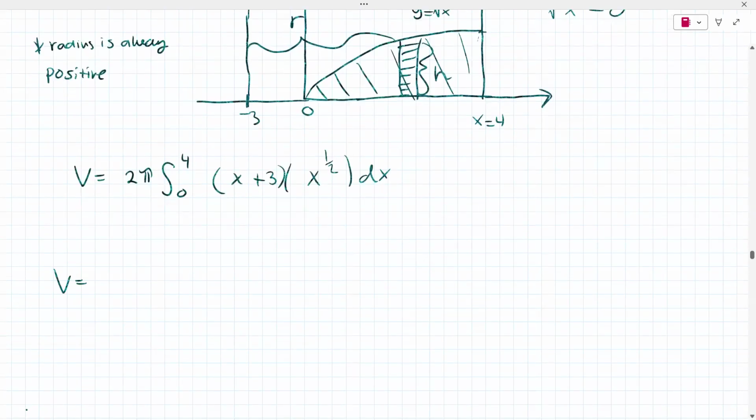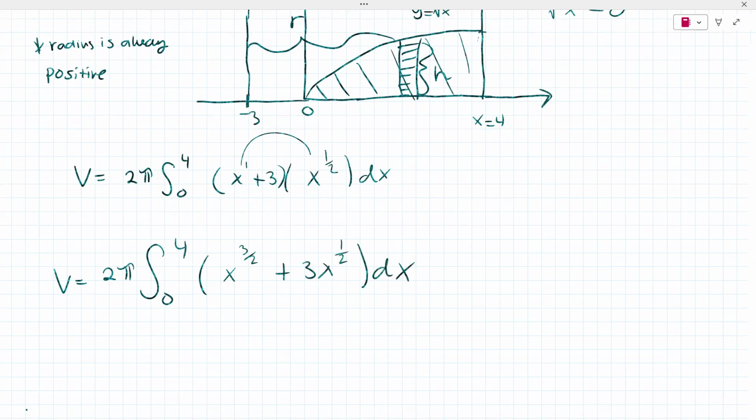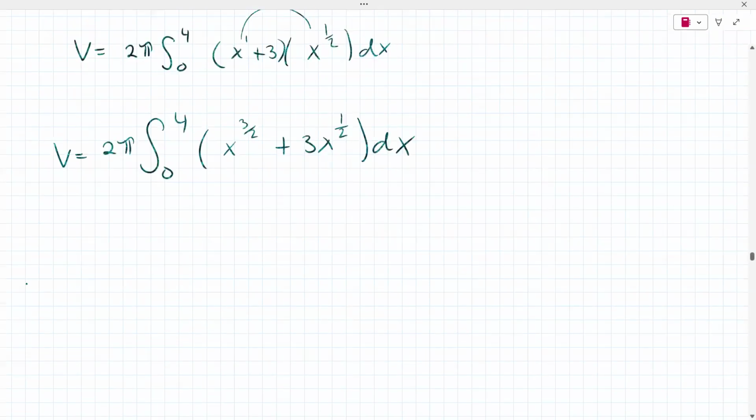The volume equals 2 pi times the integral from 0 to 4. If you FOIL this out, x to the 1 times x to the 1/2 is x to the 3/2, plus 3 times x to the 1/2 is 3x to the 1/2, dx. Then we can take the integral of each term.